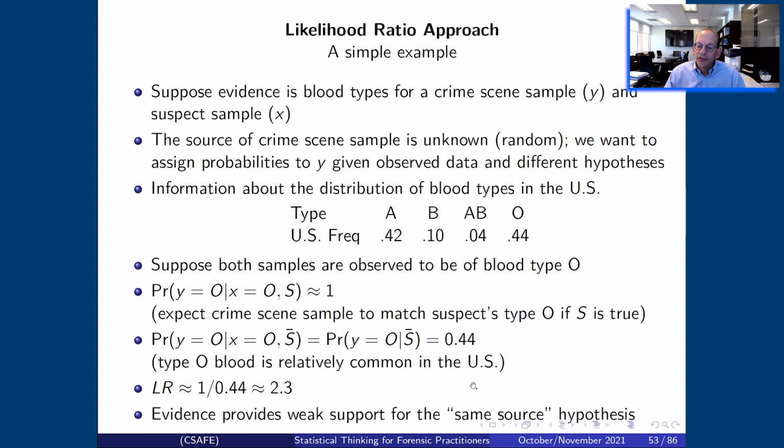Notice that the answer depends on the specific blood type. So knowing that 2 blood types match doesn't tell you how strong the evidence is. You need to know what they match on. If they matched on AB, a relatively rare blood type, the evidence would be more powerful.